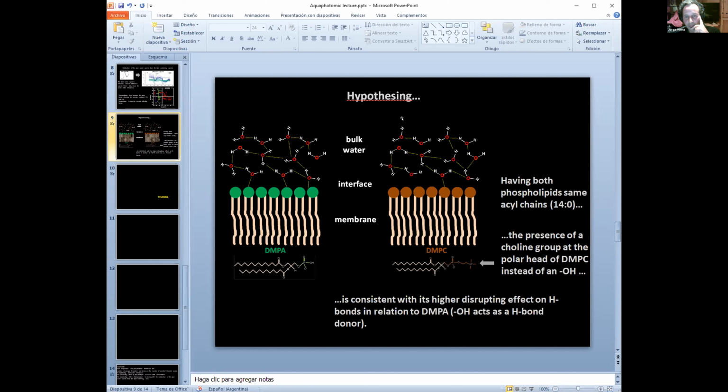This is what we hypothesize about why this lipid moves the water overtone more to the left than this one, and more toward pure water, for sure.